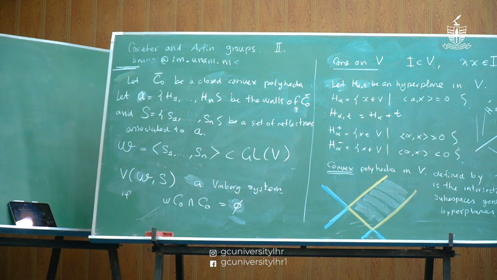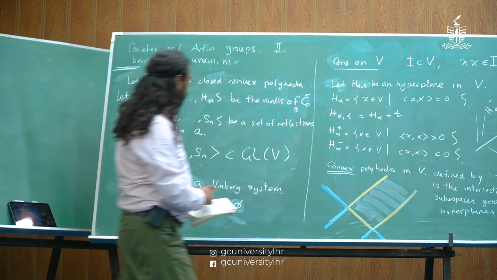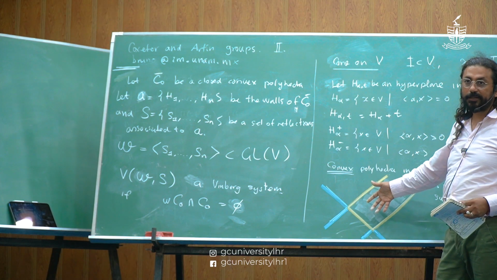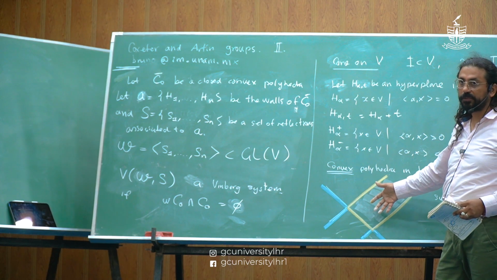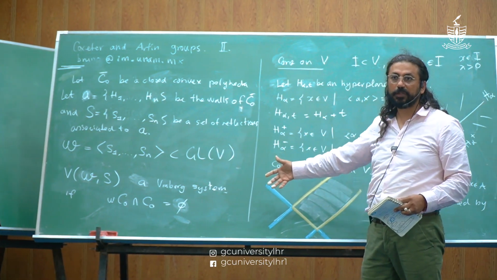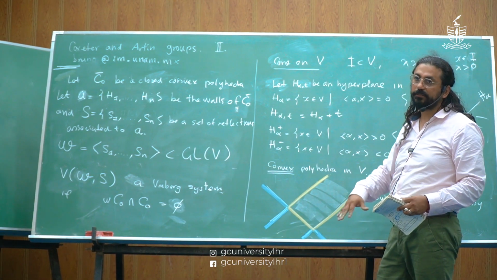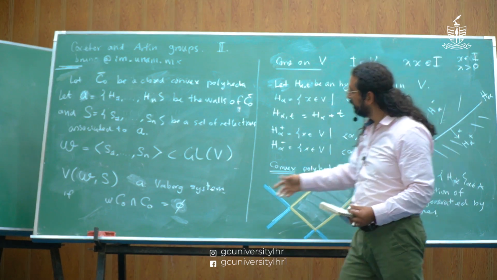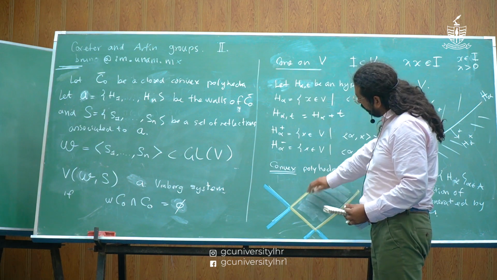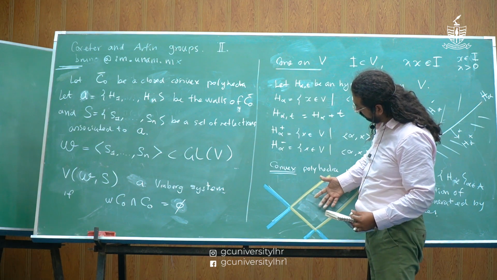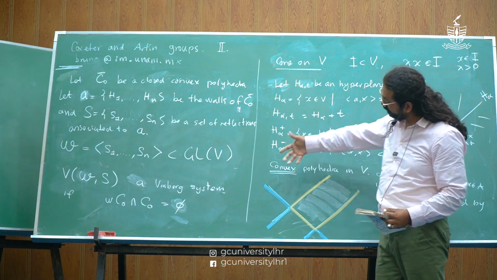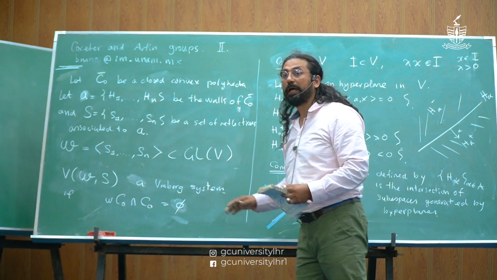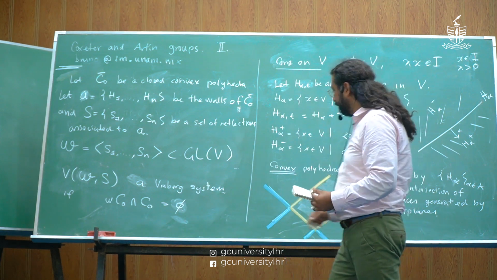Meaning that when you move the polytope, it doesn't intersect itself again. It's like tessellating something. If it intersects itself, then it will be a mess. But if the action is proper, if this region is moved to another part, then this will be called a system. Okay?